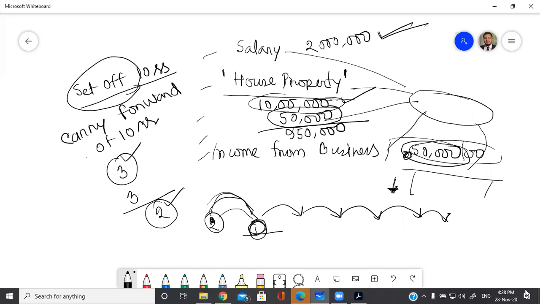Say for example, it has been mentioned that if you have income from speculation business, have you heard about speculation? You are expecting that some asset price or some product price will move favorably, meaning based on your expectation.